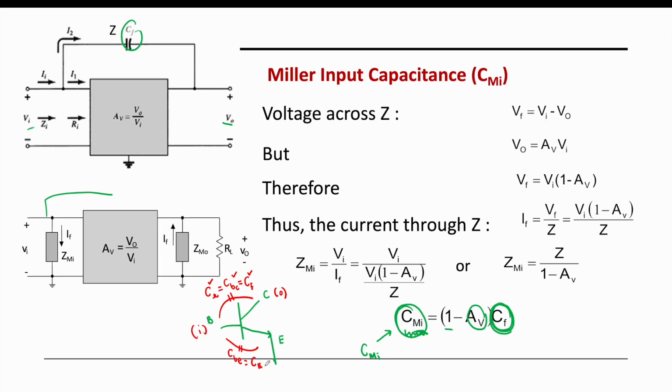So when you see C pi or CBE, it is actually the same. And the capacitance between C and E is given as CCE, and this does not change, because it is usually referred to as CCE in all books, collector and emitter.